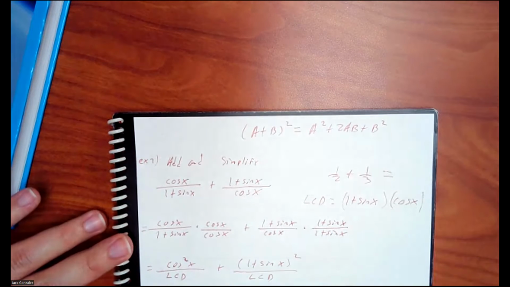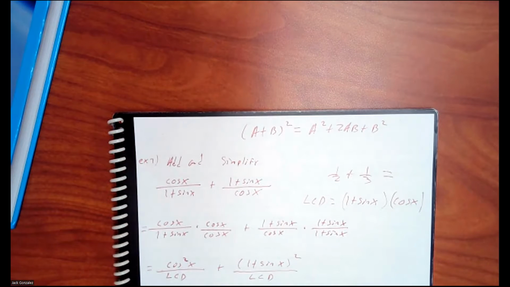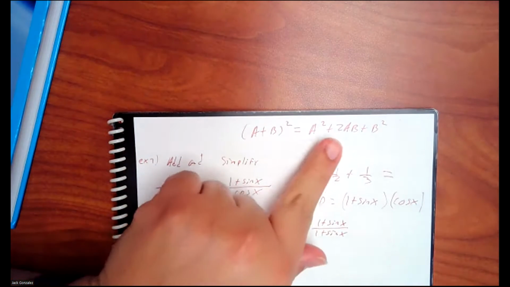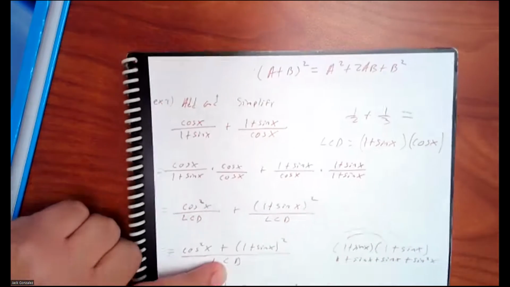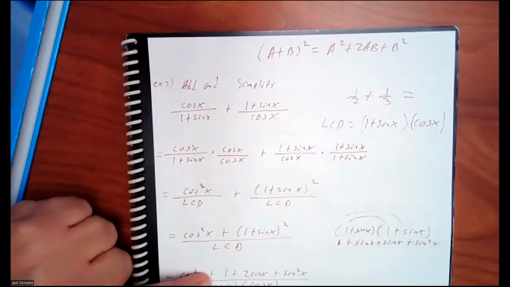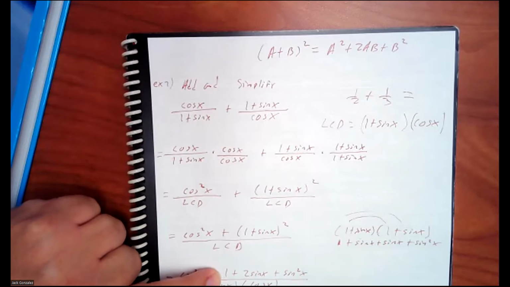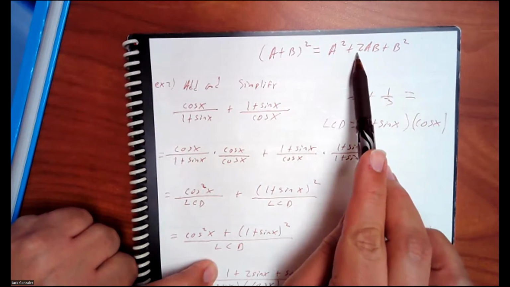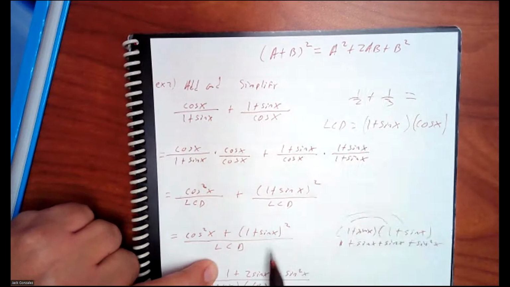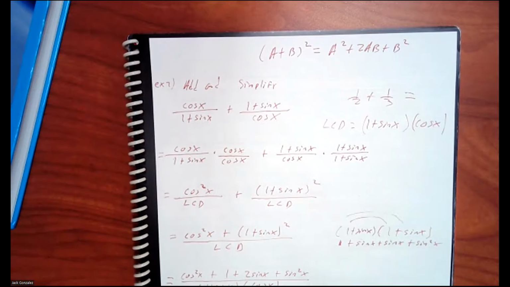Here's the formula. If you have two things being squared, just plug those two things there. That's where I got this from here. That makes sense? So that 2 is built in. The A was 1, so 1 times sine is sine. B is sine, so sine squared.